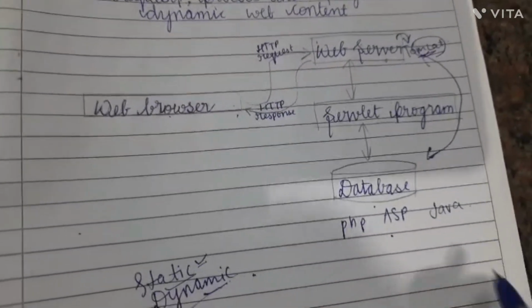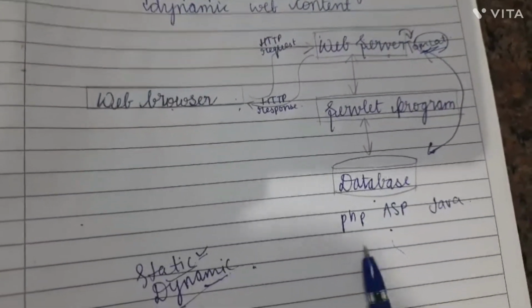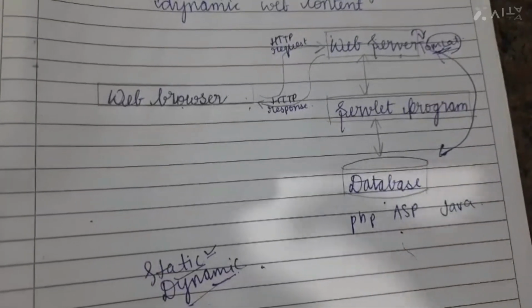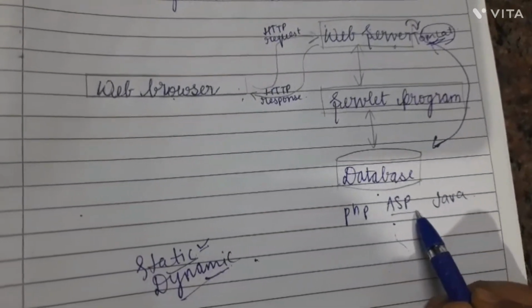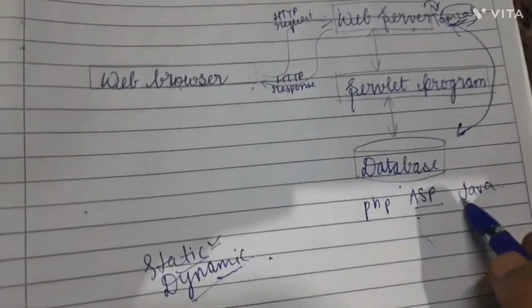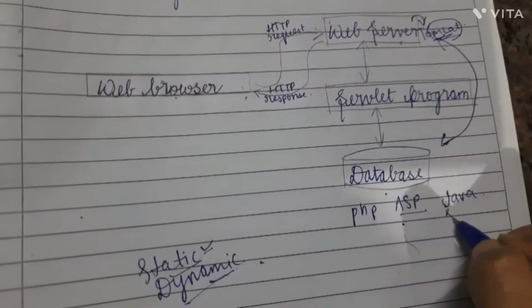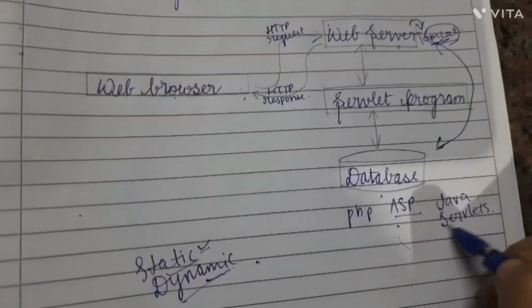So there are n number of server-side scripting languages. PHP is good for small and medium-sized applications, and ASP is basically for Microsoft technologies. As we talk about Java, it has servlets as a server-side scripting language. So it uses servlets.